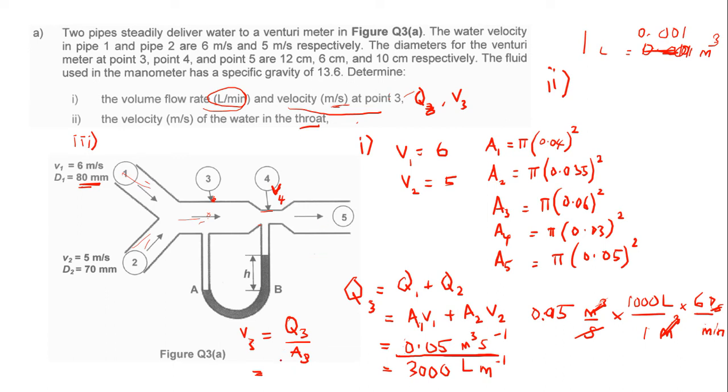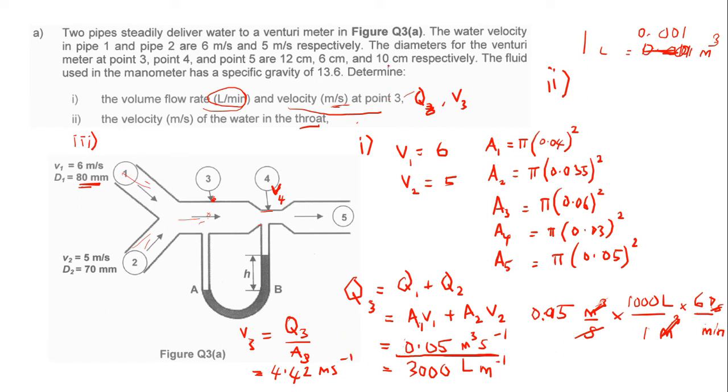What's the value for velocity? 0.442 meter per second.